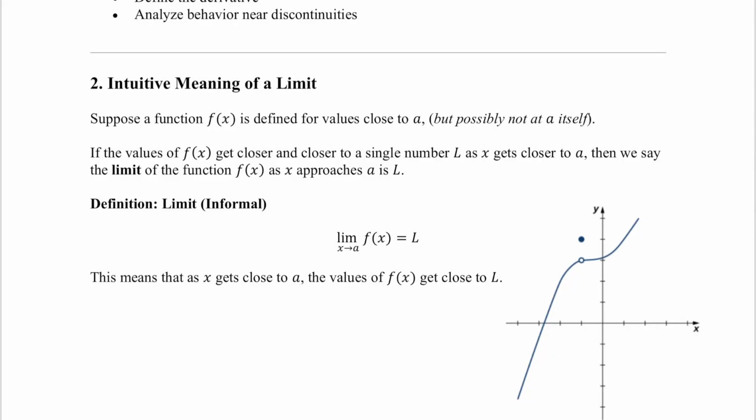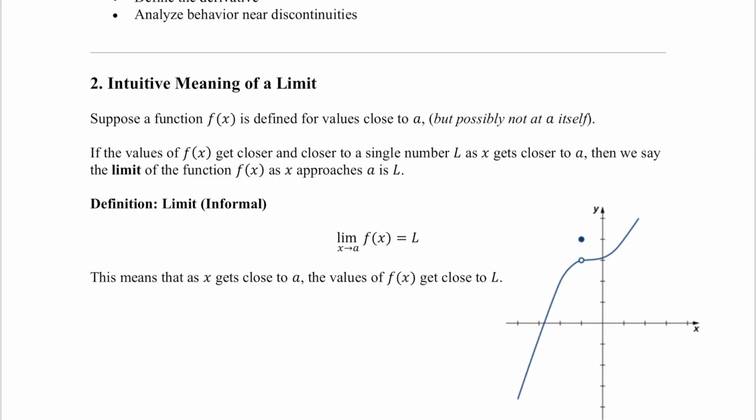As x gets closer and closer to a, the values of f of x get closer and closer to some number L. If that happens, we say the limit of f of x as x approaches a equals L. And this is the math notation for a limit. This means as x gets close to a, f of x gets close to L. Very simple.